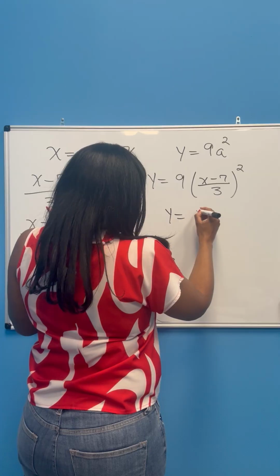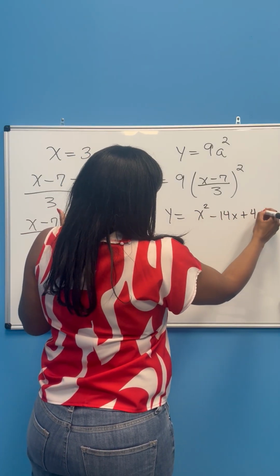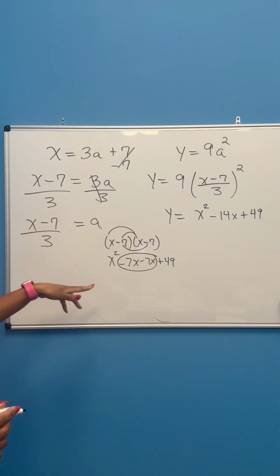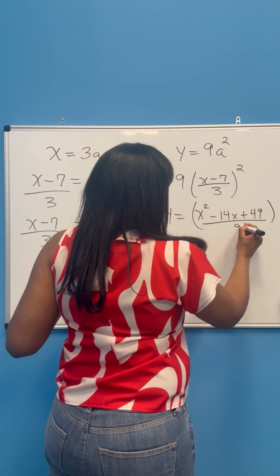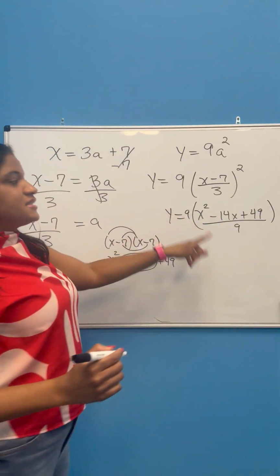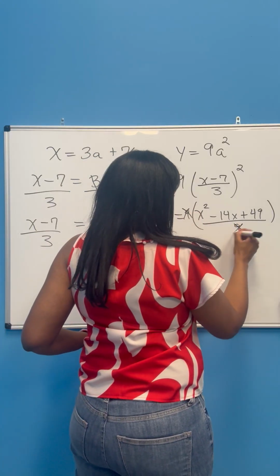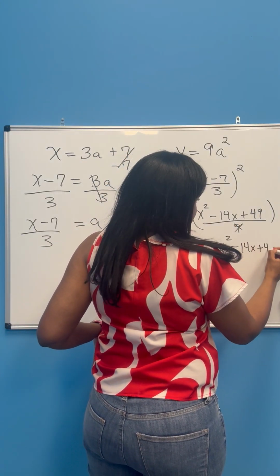So on top I would have x squared minus 14x plus 49. It's minus 14x because I have to combine like terms, over 9. Then the 9s can cancel out, so I have y equals x squared minus 14x plus 49. So this is how I would do it.